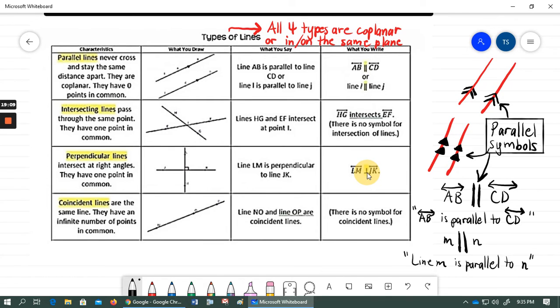That symbol looks like an upside down capital T. That is a perpendicular symbol that can be used to let you know that two lines are perpendicular.